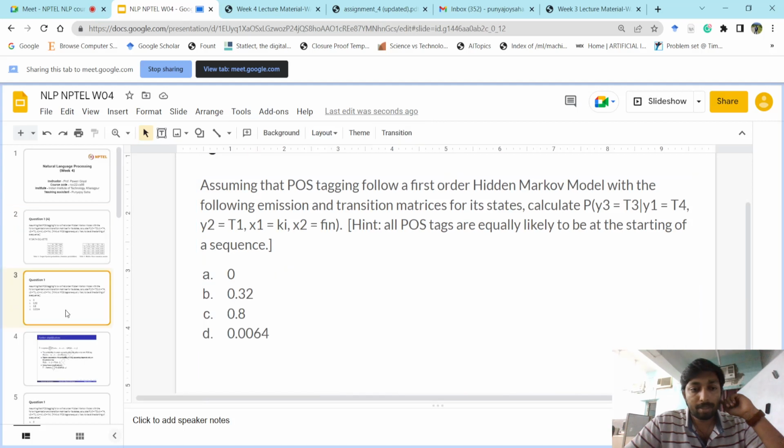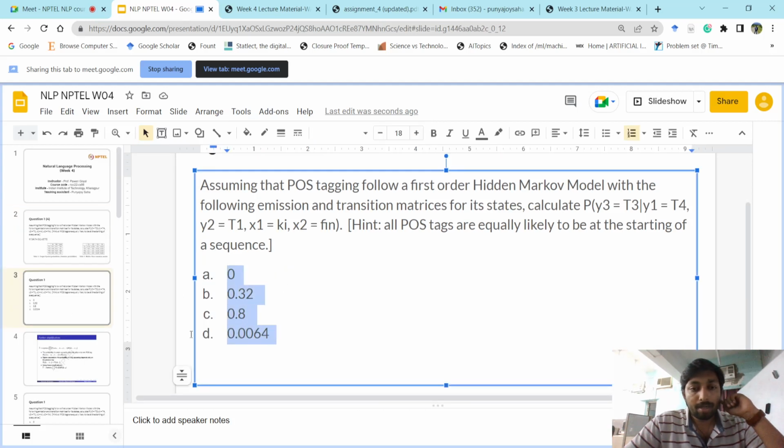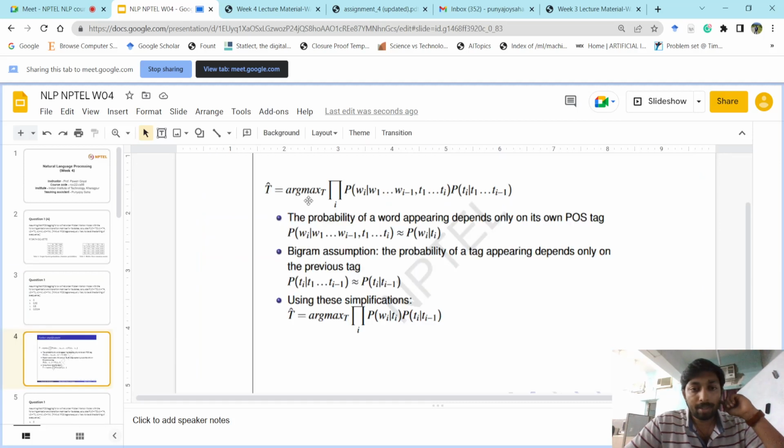So now let us see the options. These are the options, and then we have this formula. This is in lecture 3, the lecture materials of the third week.